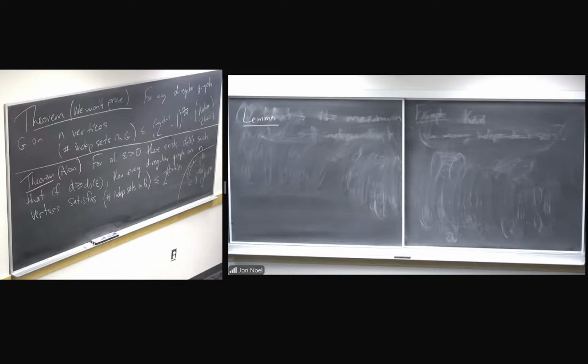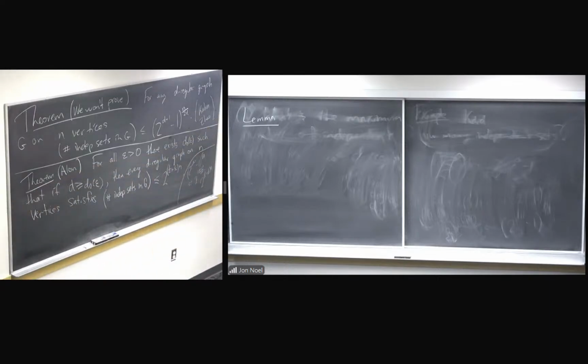So one thing we need to know is, if you have a set that is bigger than half the vertices, it can't be independent. And moreover, it's useful to have a quantitative version of that, saying if it's much bigger than half the vertices, then it's far from being independent.